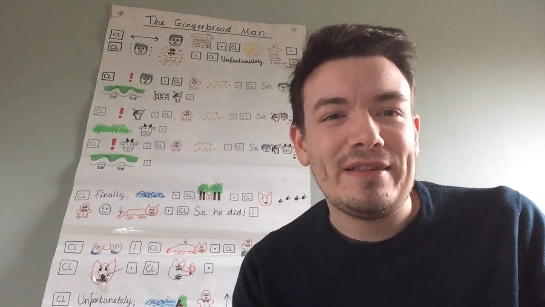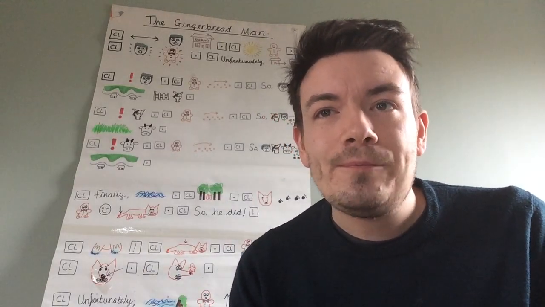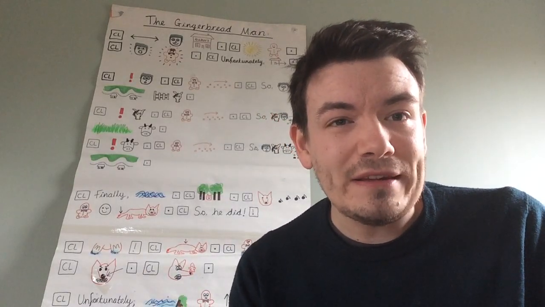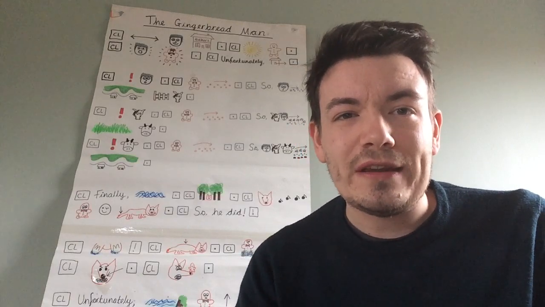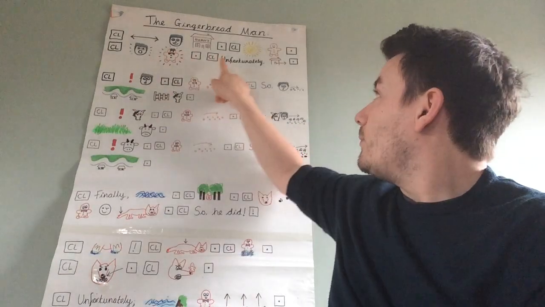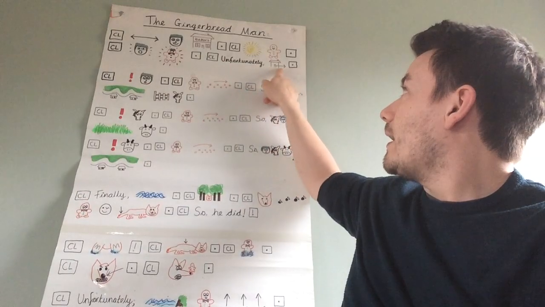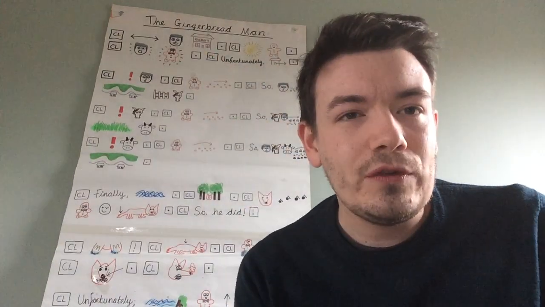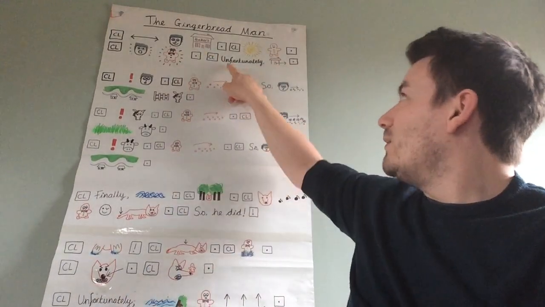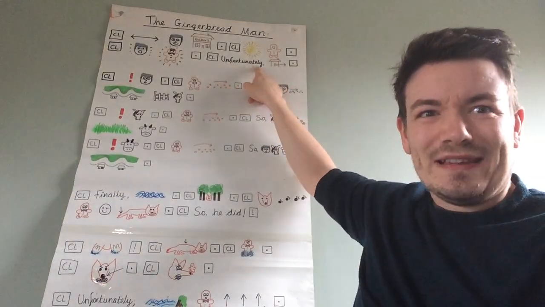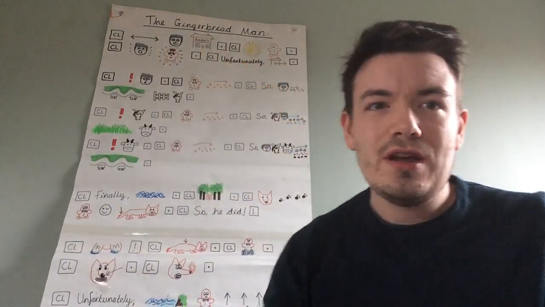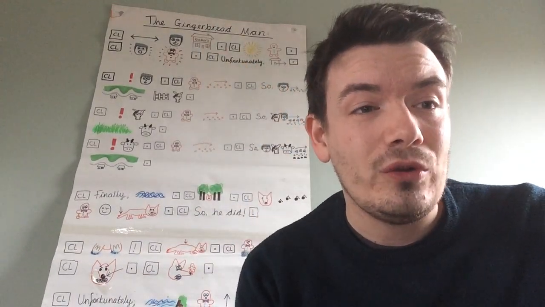Well done, ladybirds. Now we've got our final sentence today, and our final sentence is just this one about our opening. This is another one of our new special words, and look how long that word is. Look how many letters there are. It's a huge word. And that one is our unfortunately.